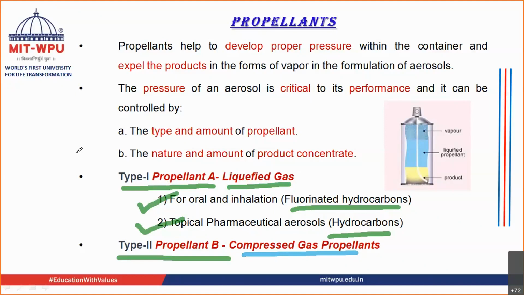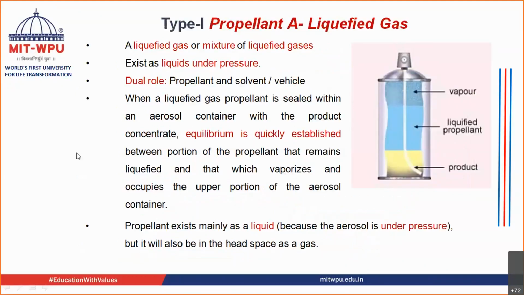Let us see the first type, that is the liquefied gas. Now what is liquefied gas? You know LPG very well, isn't it? What is LPG? The cylinder that contains the liquefied gas which you use for cooking, it is also nothing but a liquefied gas. So what is this liquefied gas?